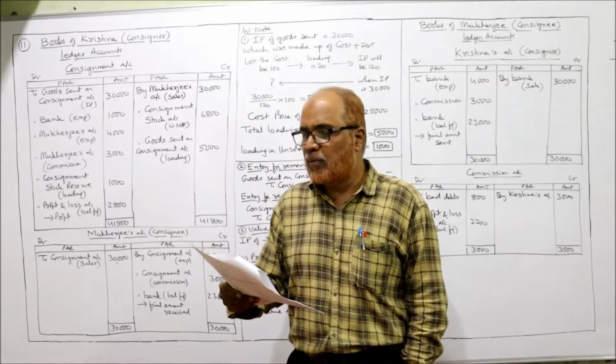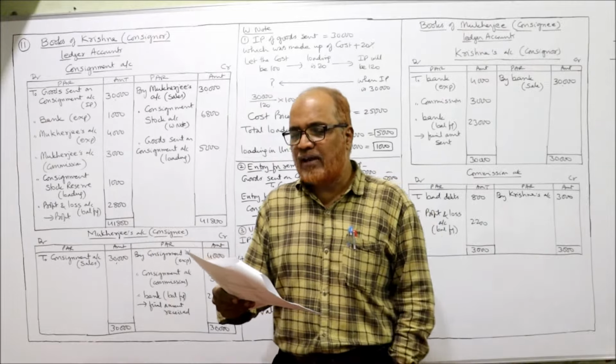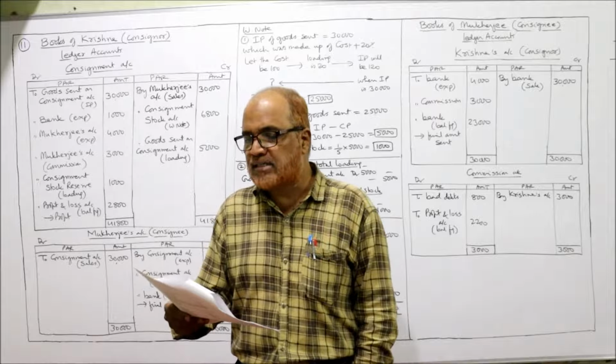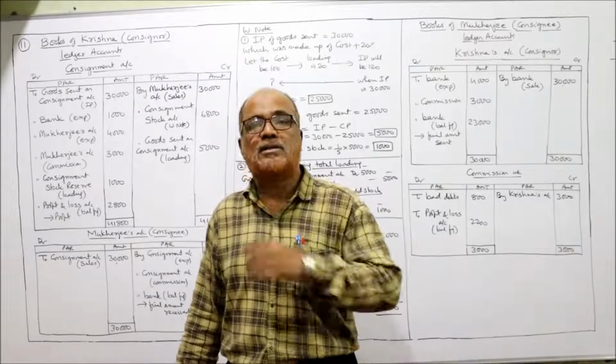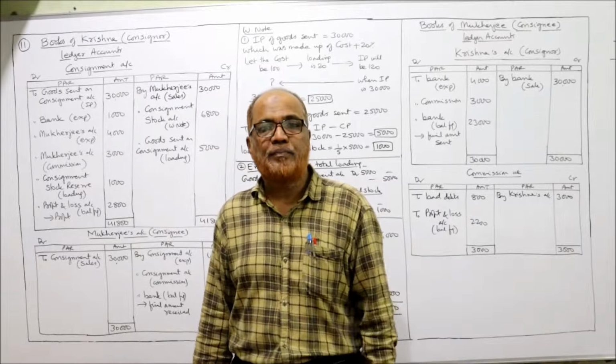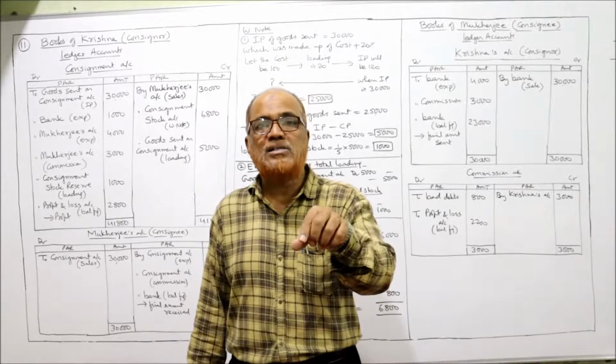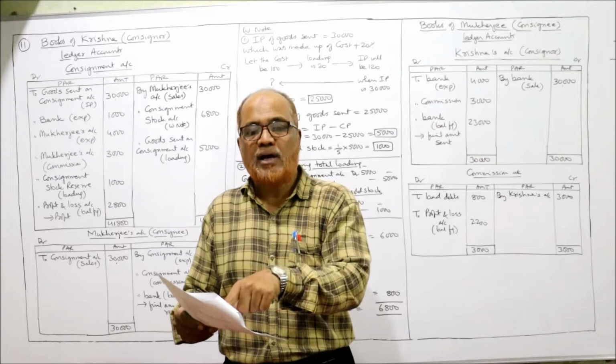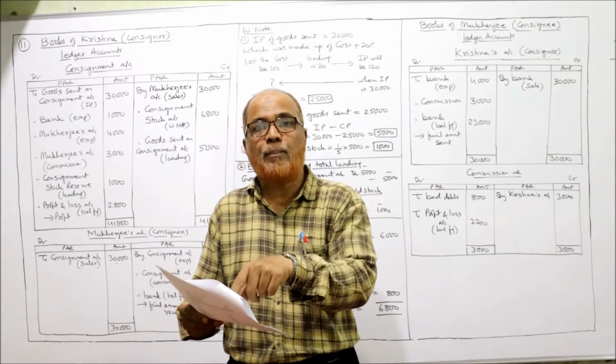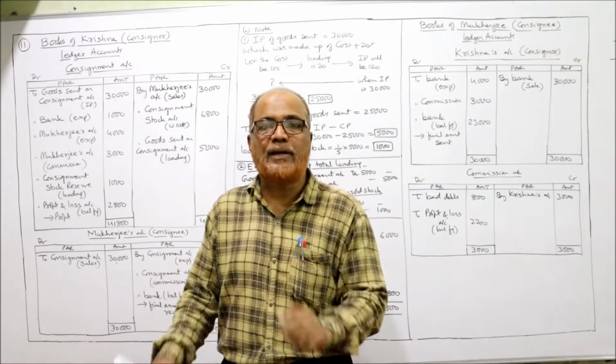Now all expenses were to be borne by Krishna. The invoice value of the goods was 30,000 made up as cost plus 20%. See here, this is the new point in this problem. First time we are coming across. The invoice price of the goods is 30,000 and this is made up of cost plus 20%.